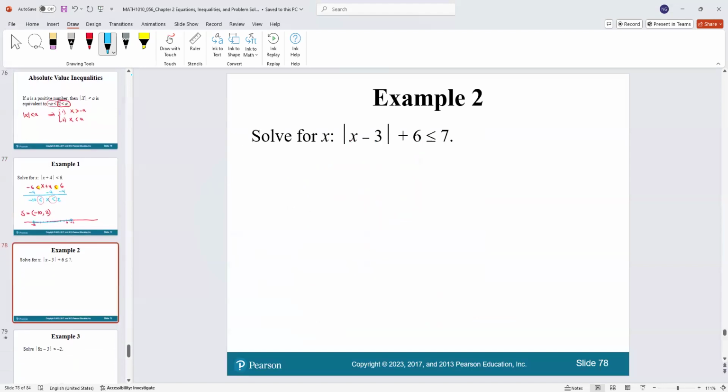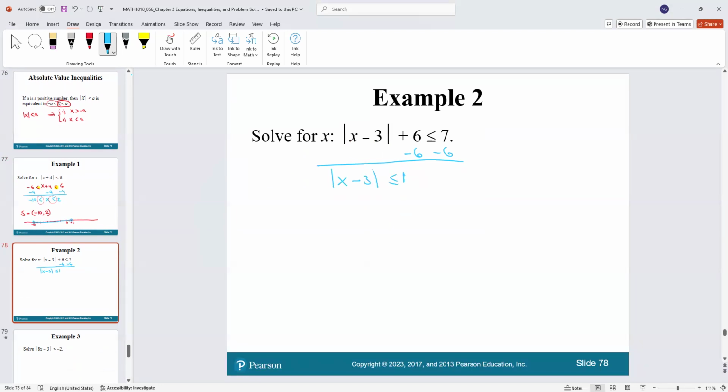So that's a graphical solution for this inequality. Now, we also can have this one. Remember, when you solve, you make sure the absolute value term is on one side by itself. So I need to isolate it by subtracting 6 from both sides. So I end up with absolute value of x minus 3 is less than or equal to 1.